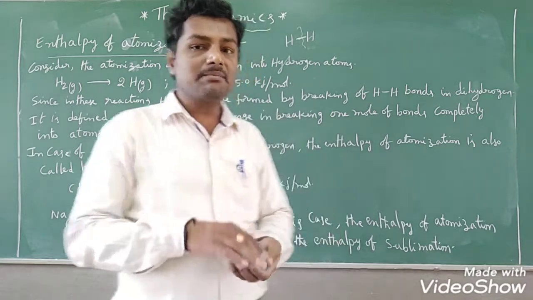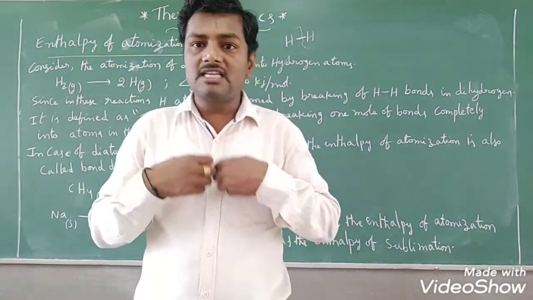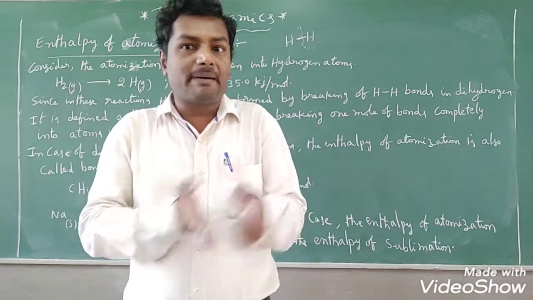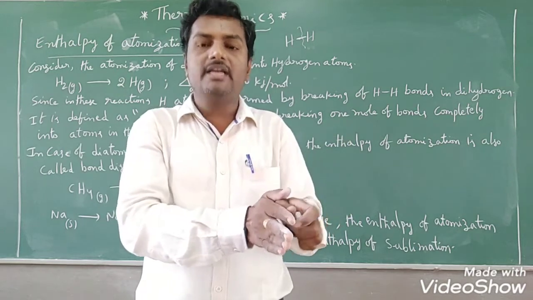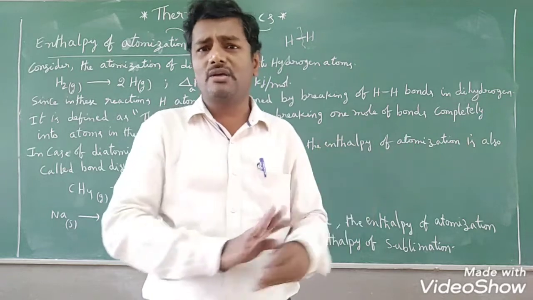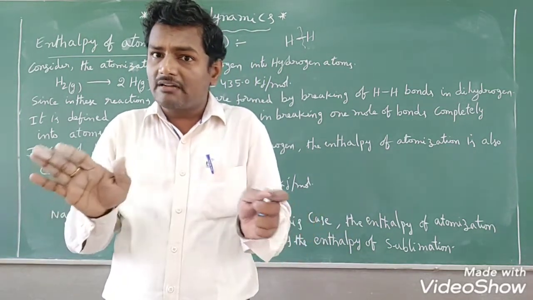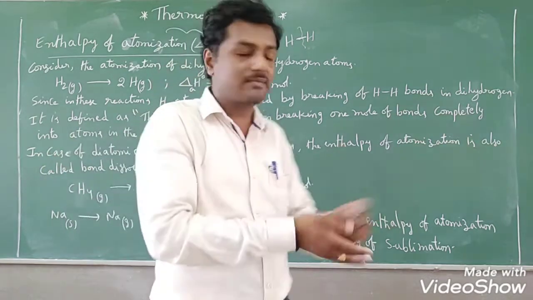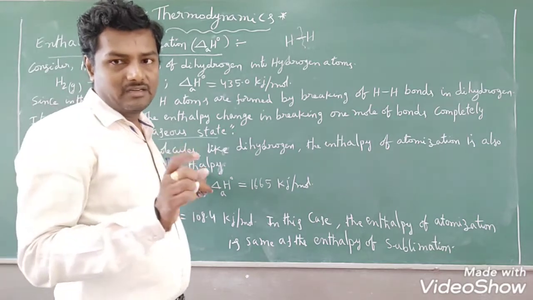But what is the meaning of bond dissociation enthalpy? The amount of energy required to break a particular bond. To break a particular bond, it may convert into atoms or into simple molecules also. Whatever it may be. In the case of bond dissociation enthalpy, we are not saying it must convert into atoms. That is not the criterion here.